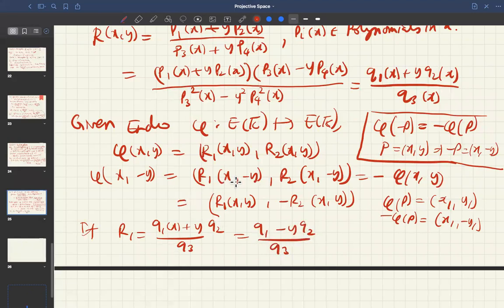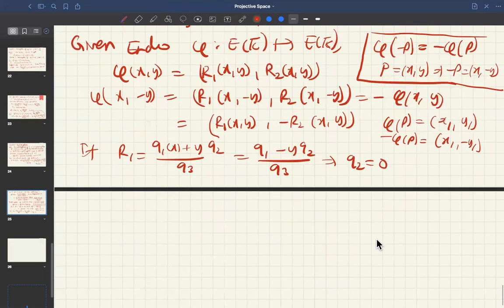Because Q1 plus y Q2 by Q3 has to be equal to Q1 minus y Q2 by Q3, from here Q2 has to necessarily be equal to 0.